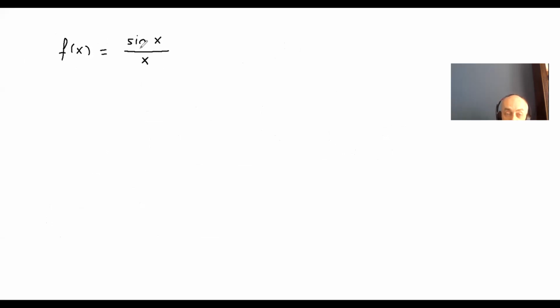And I'm going to do the following limit: limit as x approaches 0 of sine x over x. Now remember, x is measured in radians in this case.